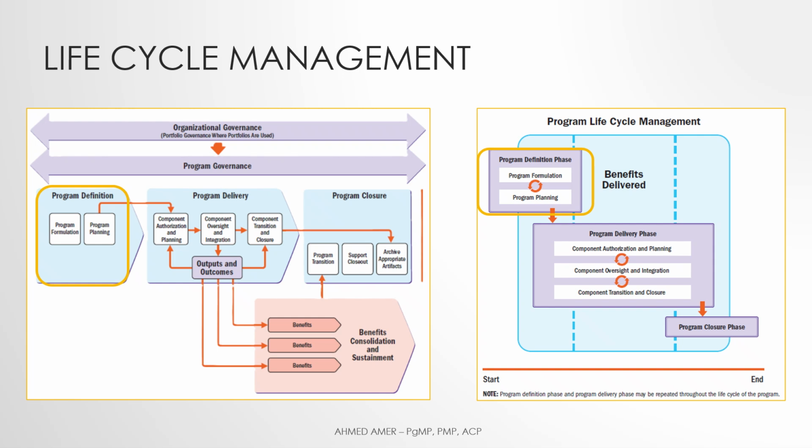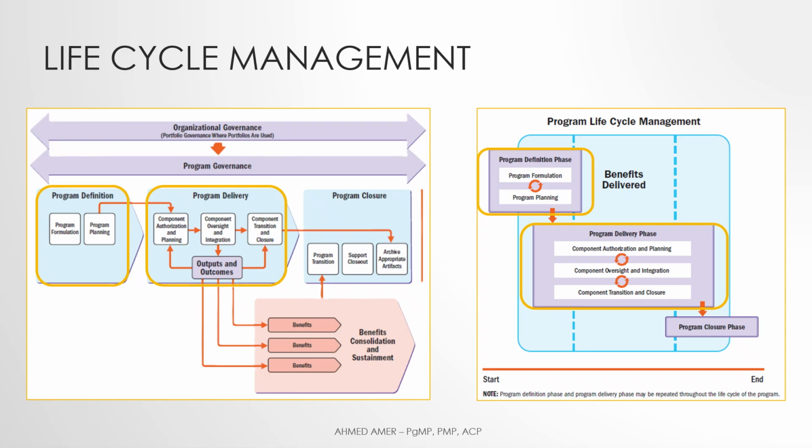The second phase is the program delivery phase. This is where all the action takes place when it comes to producing the intended results of each component in accordance with the program management plan. Yes, the program management plan we just developed in the definition phase.